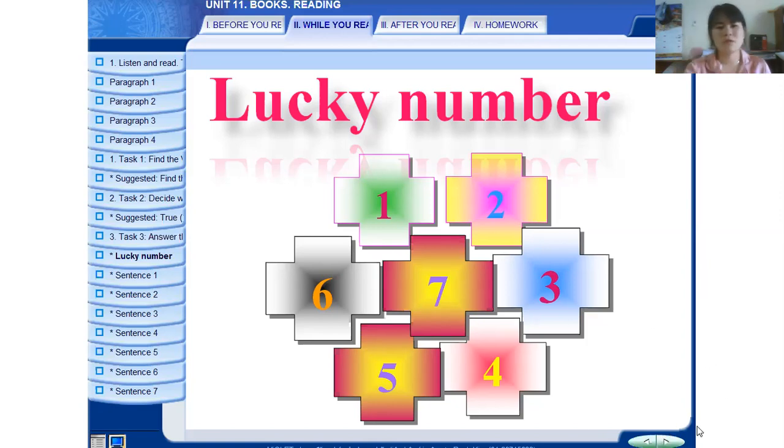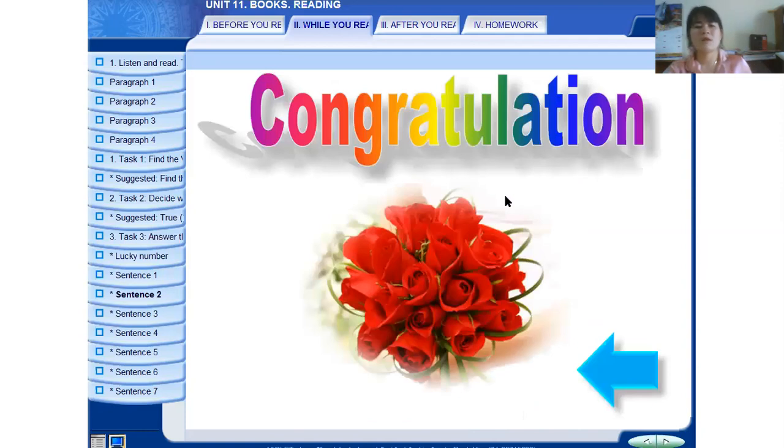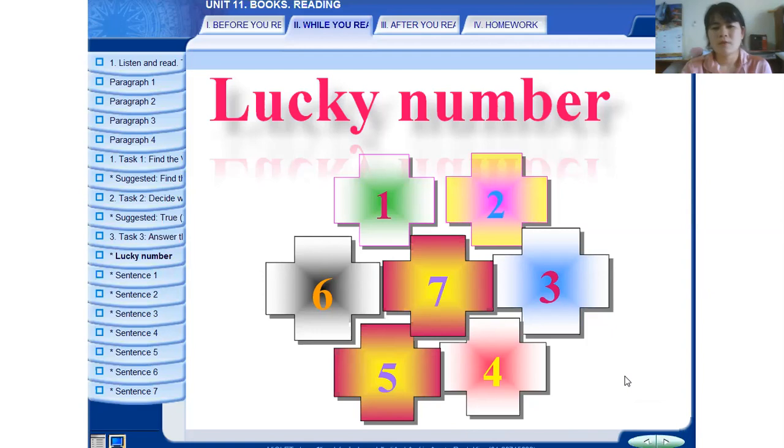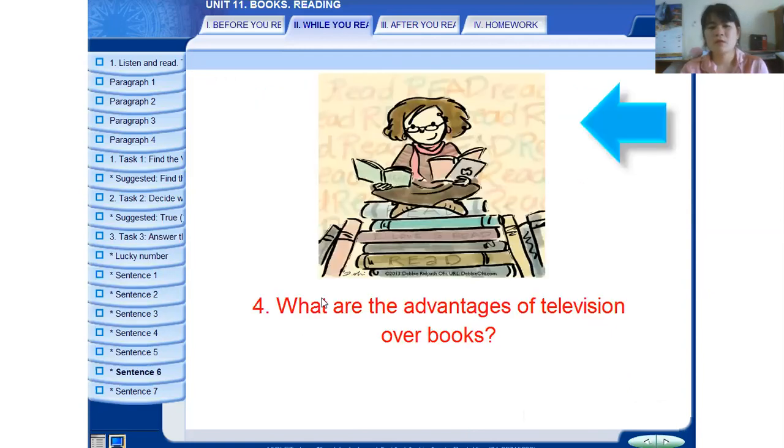Okay, now let's choose. You choose number 2. Congratulations, you don't have to answer. Okay, number 6. What are the advantages of television over books?